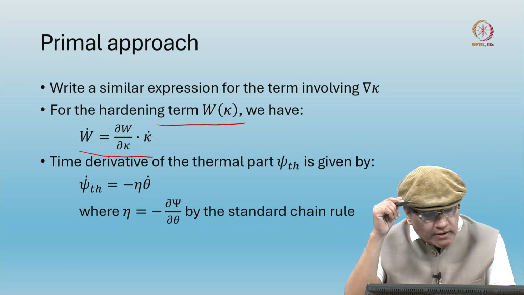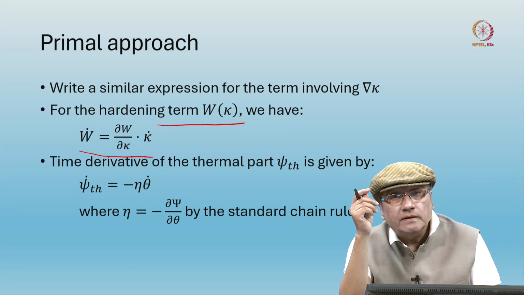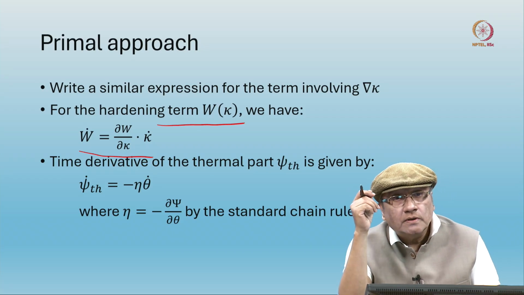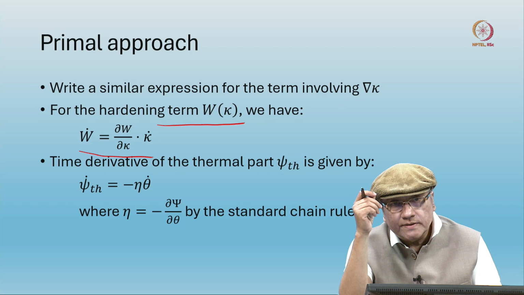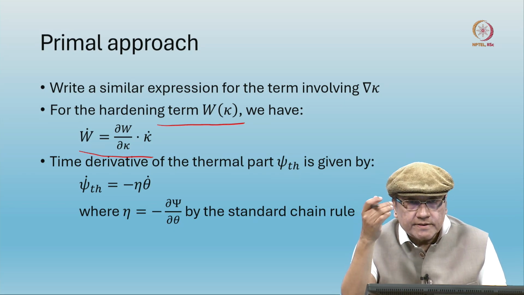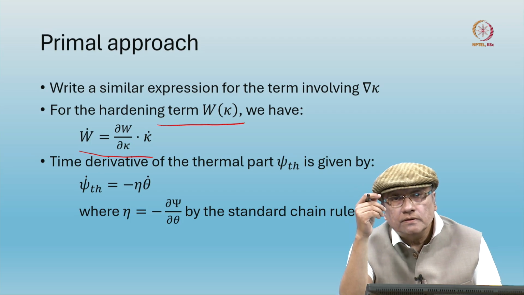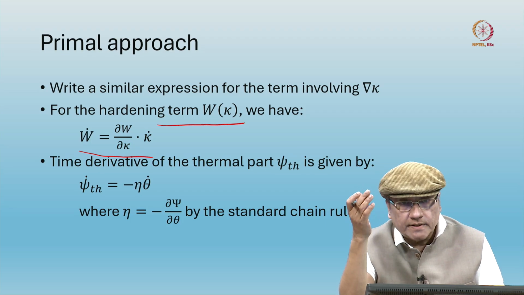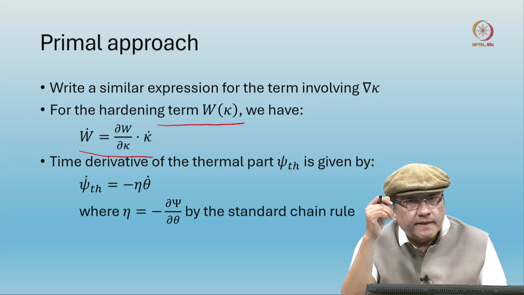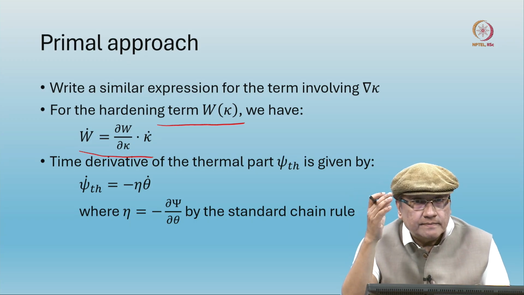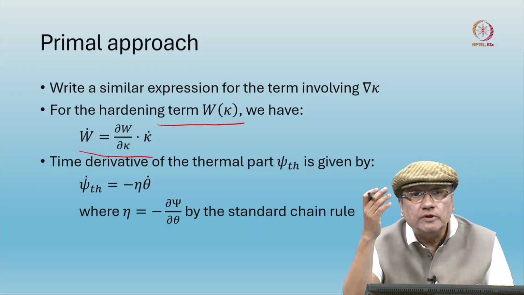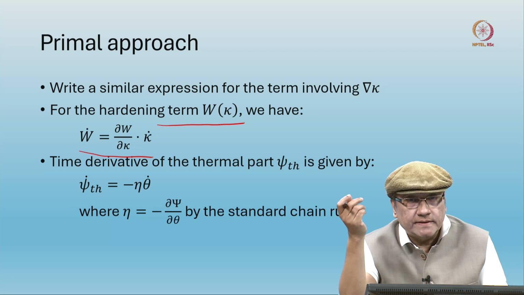Now, we also can take the thermal part and its time derivative. It simply gives you by chain rule psi theta dot is minus del psi by del theta times theta dot, because psi theta is the only part which depends on theta. So, I can as well say minus del psi by del theta is essentially equal to del psi theta by del theta, you understand.